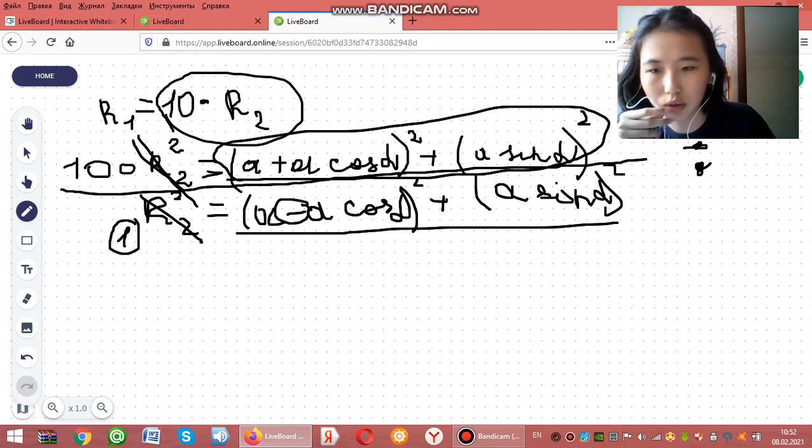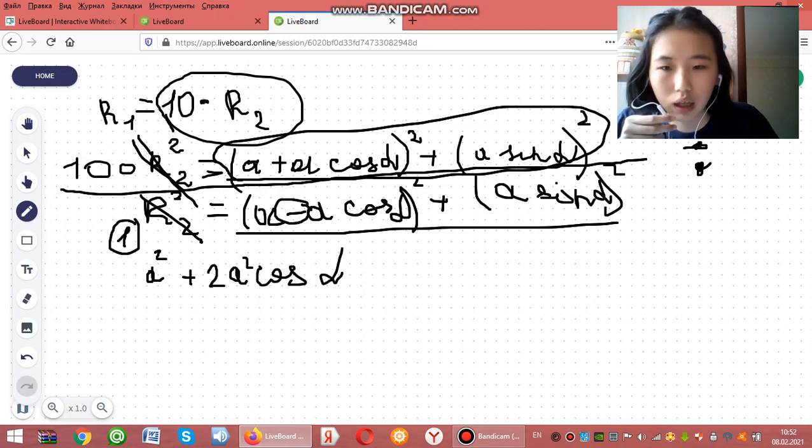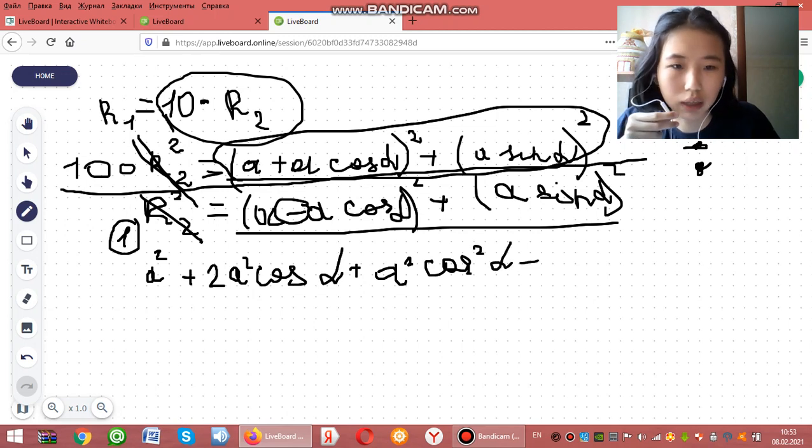Let's open: a square plus 2a square cosinus alpha plus a square cosinus square alpha, and plus a square sinus square alpha.